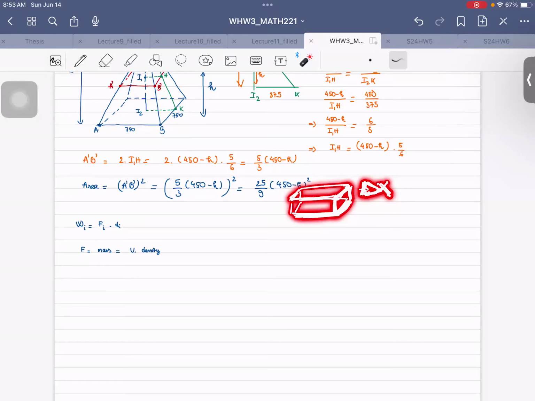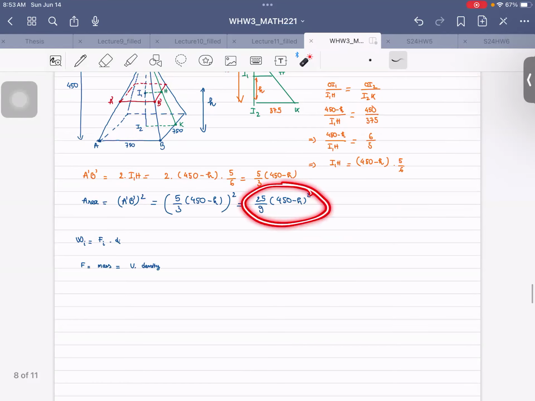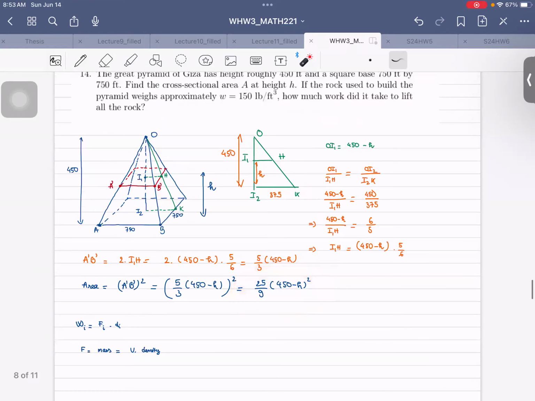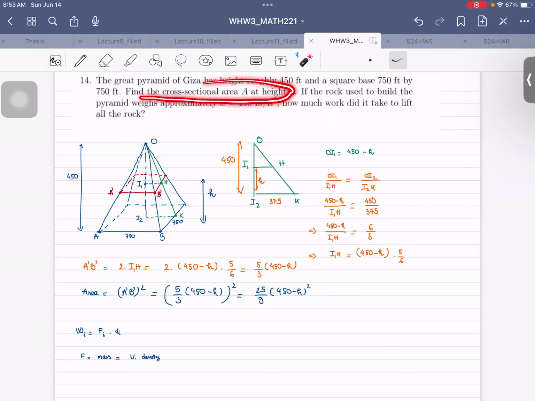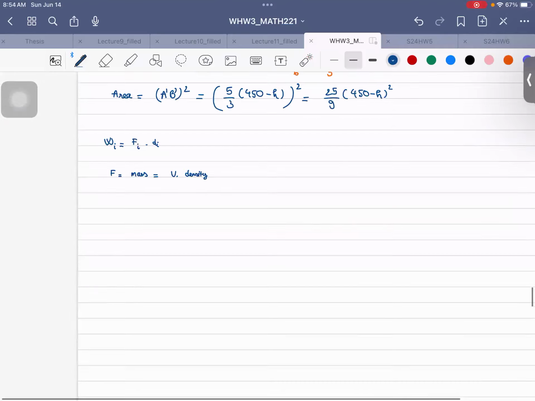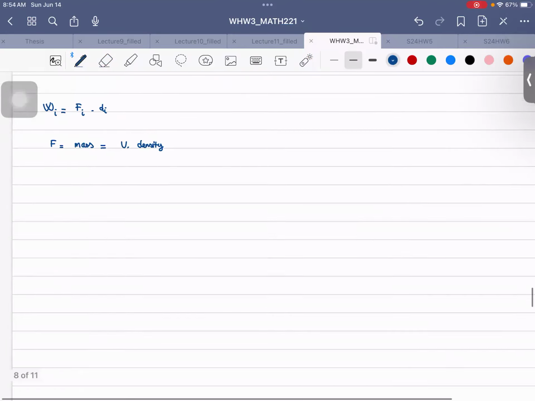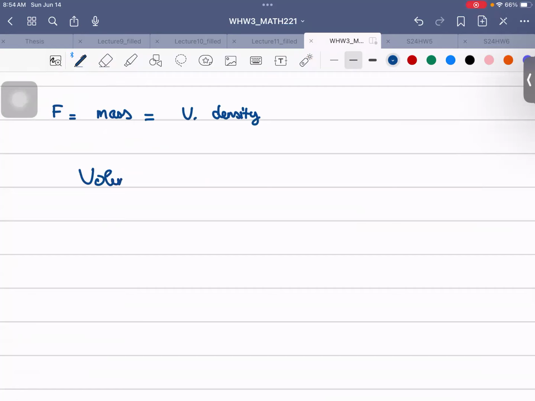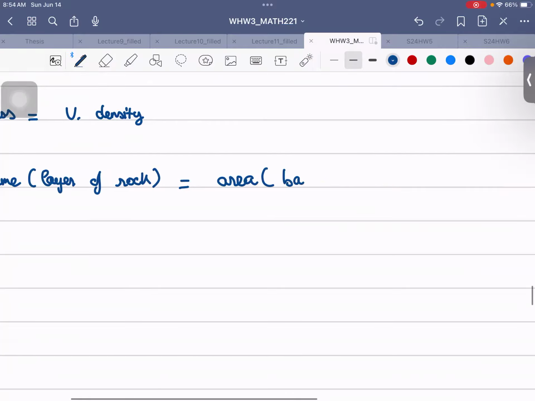The area of the base for any random layer of the rock is given by the formulation from the question you have done in part A. So the volume for a layer of rock is the area of the base multiplied by the height of the layer.